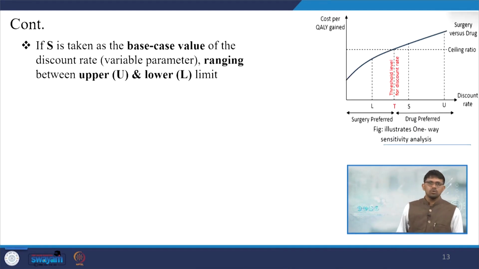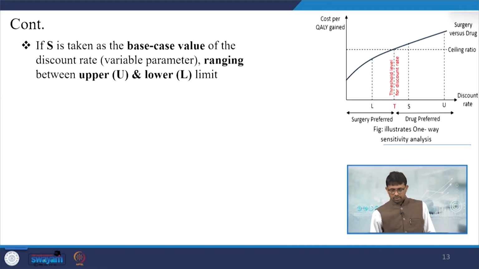We are also going to give you the multi-way. Now, in the one-way, basically if S is taken as the base case value of the discount rate, that is the variable parameter, it ranges between an upper limit and a lower limit.